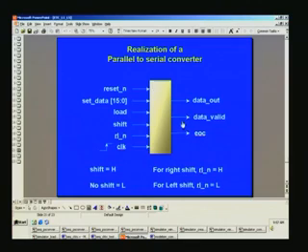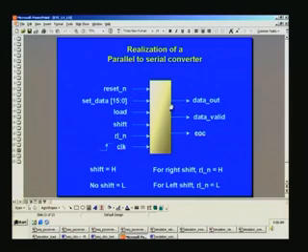Just to recollect what the parallel to serial converter is, we have a reset, then you can set data and assert load. Thereafter you can give a shift control, and this shift can be either left shift or right shift, this being 1 for right, reckoned at the positive edge of the clock.